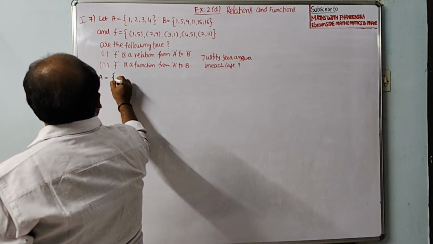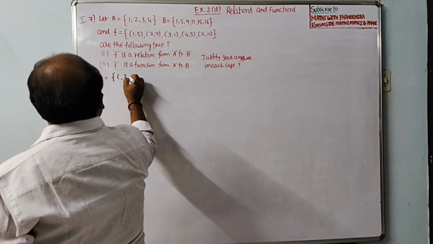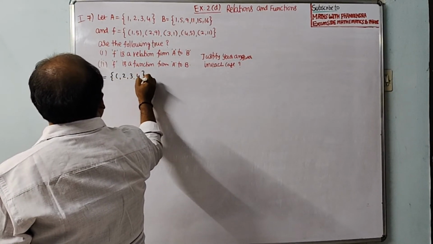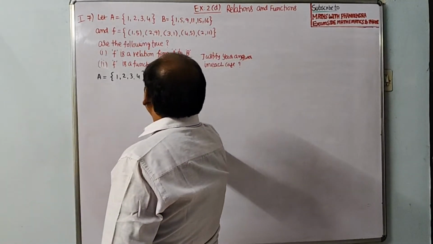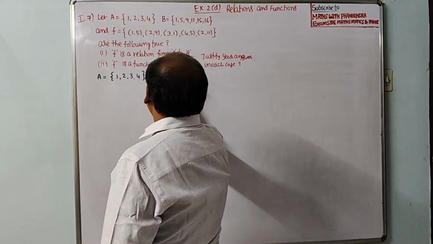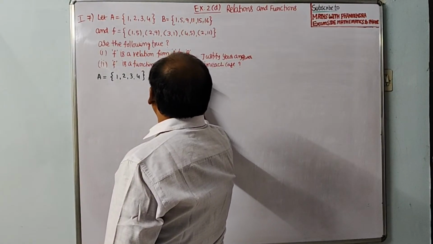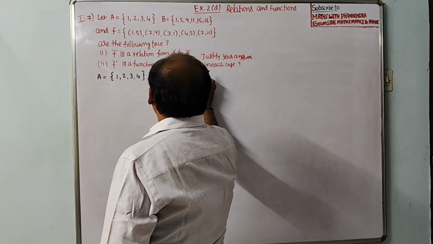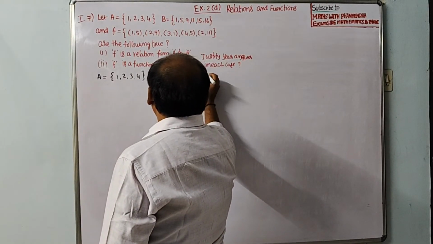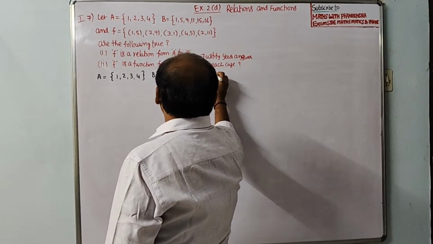A is equal to {1, 2, 3, 4}. Similarly, B is equal to {1, 5, 9, 11, 15, 16}.